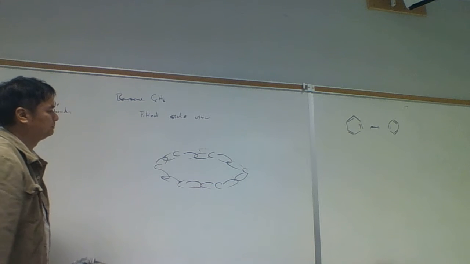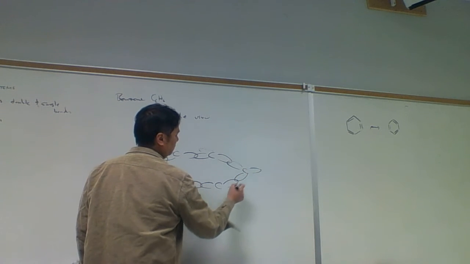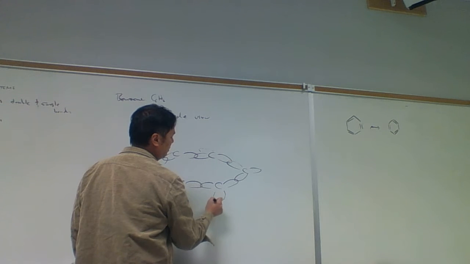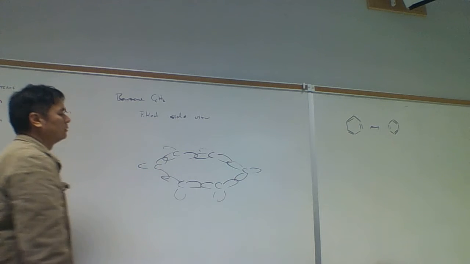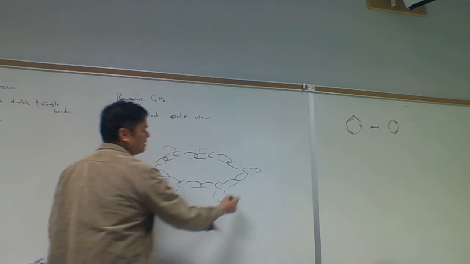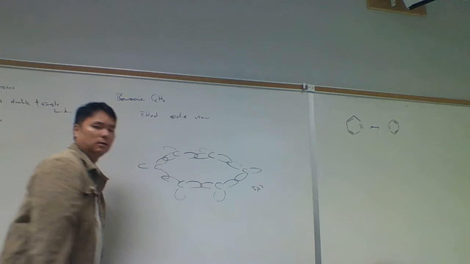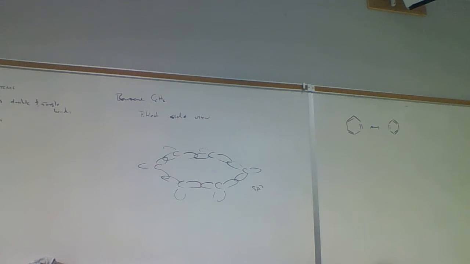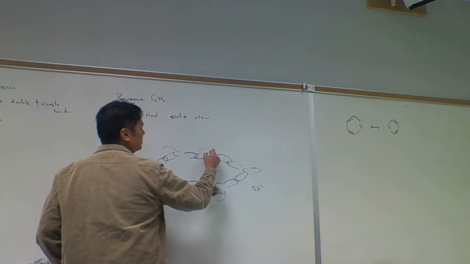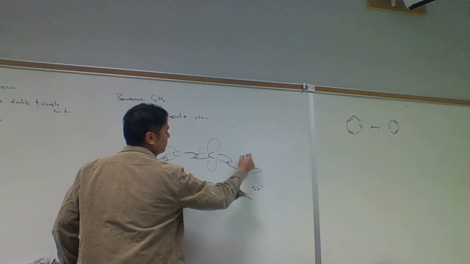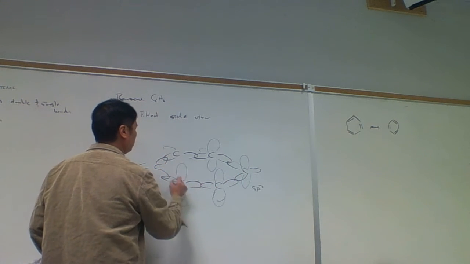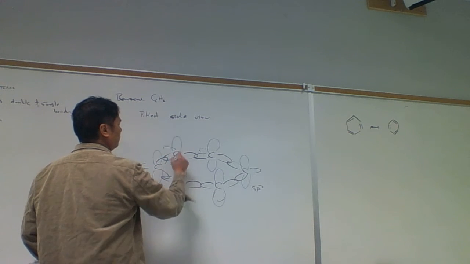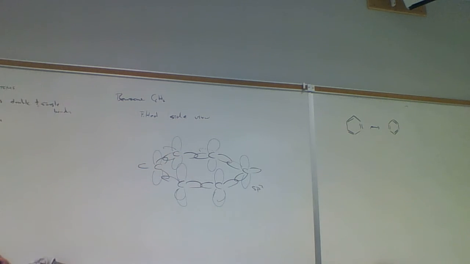Can you kind of see it? I'm not going to draw the orbitals too much in perspective, but it looks something like this. All these are sp2 orbitals. It's kind of a tilted side view because we're going to get a profile of the pz orbitals a little bit. Pz orbitals are going to be like this. You see the pz orbitals here?